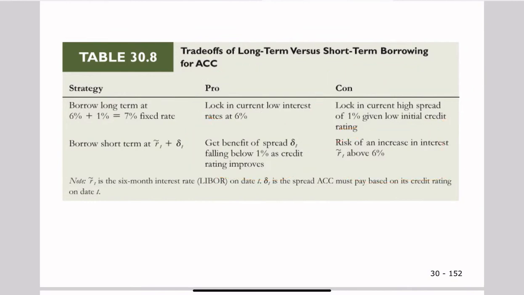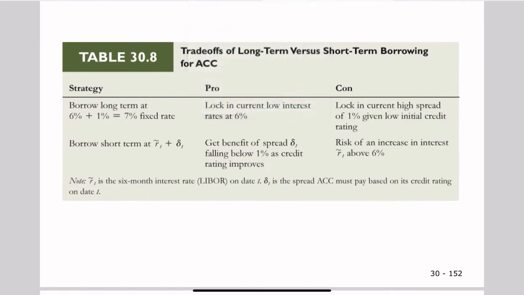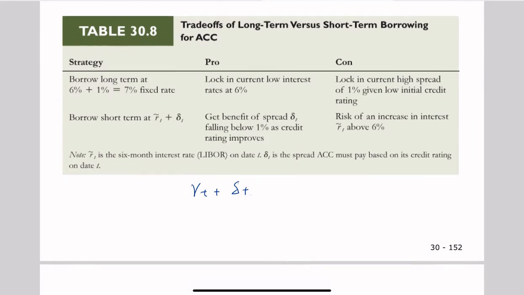So what's the general idea here? Well, the general idea here is if you look at this number, RT plus delta T, right? Imagine now the firm decides to go with this 6-month loan, right? And we understand that this is the benefit, right?